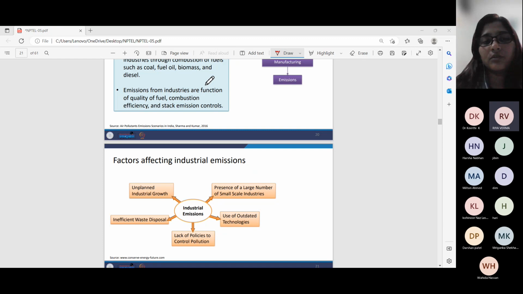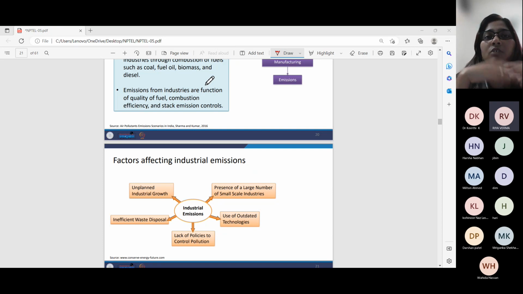So let's say first is unplanned industrial growth. We have observed that the cities that are not planned properly have industries lying on one side, and you can also observe that the residential areas are present in close proximity of those industries.